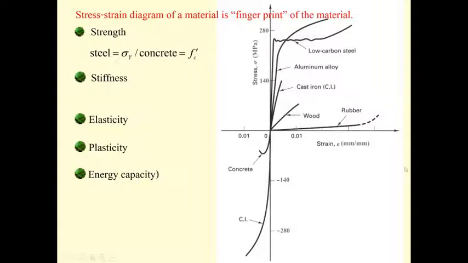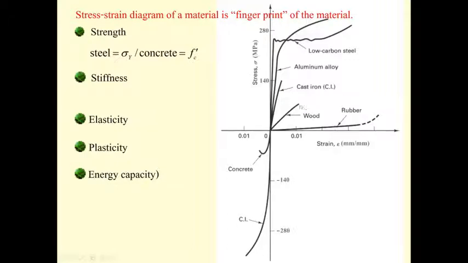For example, the rubber has small stiffness or small modulus of elasticity. Usually, we measure the slope of the linear elastic part of the material. That is the modulus of elasticity to represent the stiffness. So that means the rubber is going to have the smallest modulus of elasticity and less stiffness.